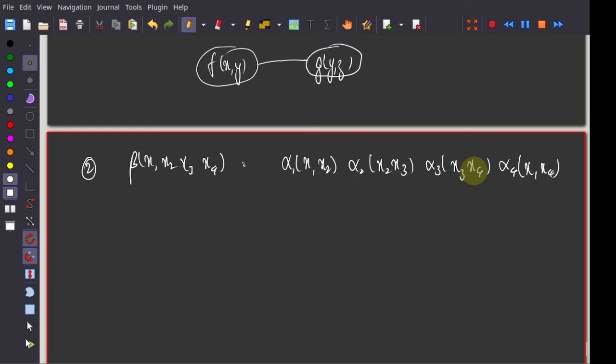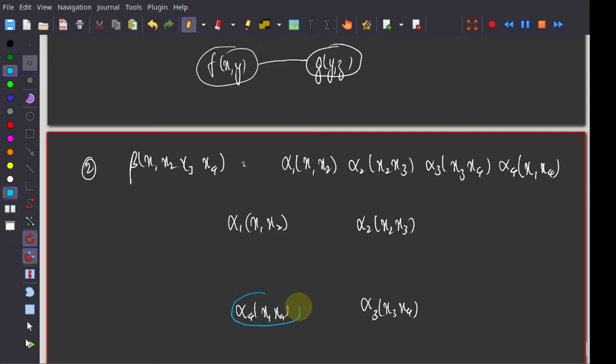So this should have four vertices. Let's see if we can construct a junction tree with this.